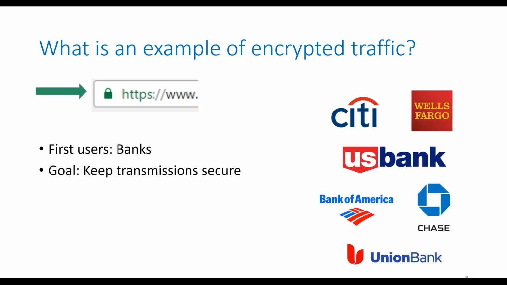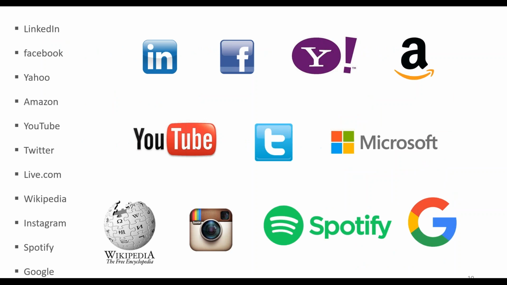So the first users of encryption were banks. They're an obvious first adopter because you want to keep your banking information secure from those who'd want to exploit it for malicious purposes. So banks encrypt all communications. Super straightforward. The issue is it's not just banks anymore.